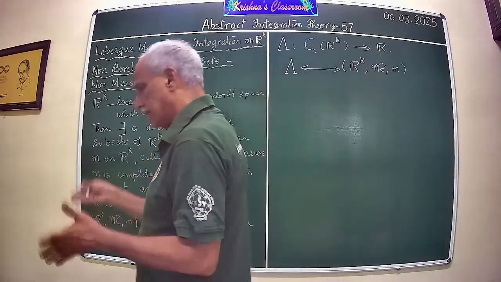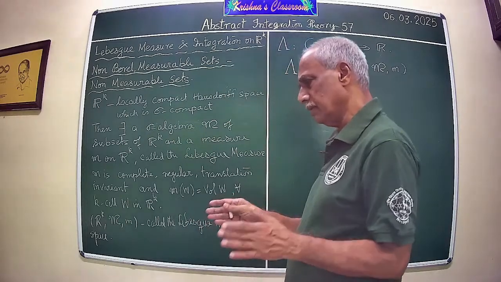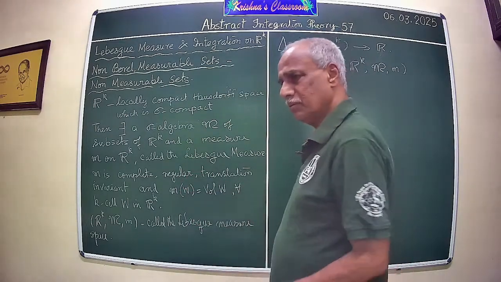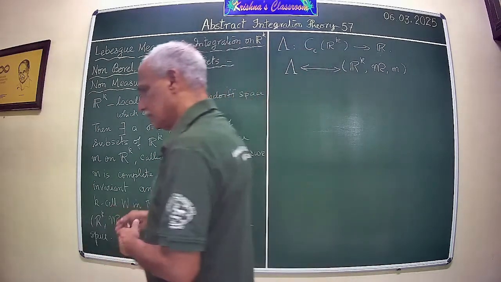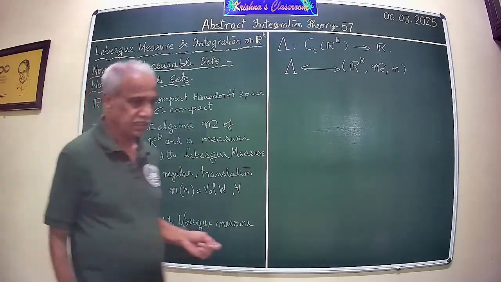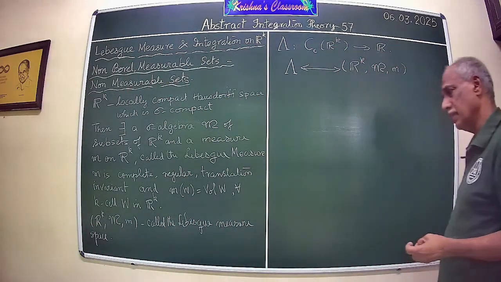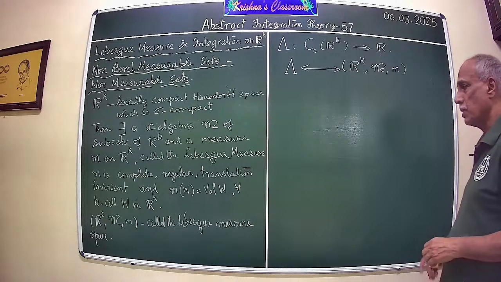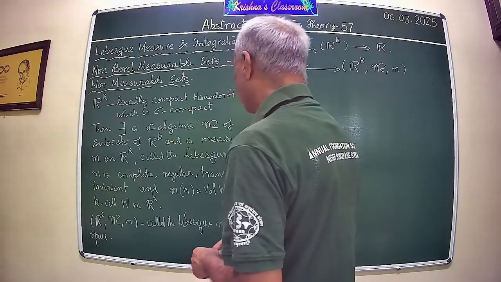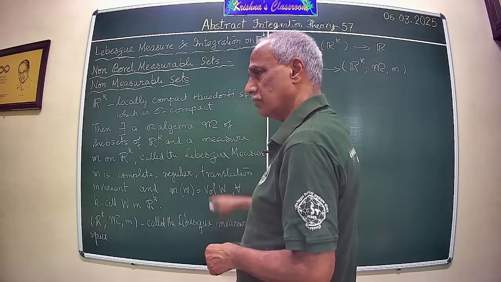That means if you take any measurable subset of R^1, translate it to the right or to the left, then you see that the resulting set has the same measure as the original one. So these are some of the important characteristics of that.